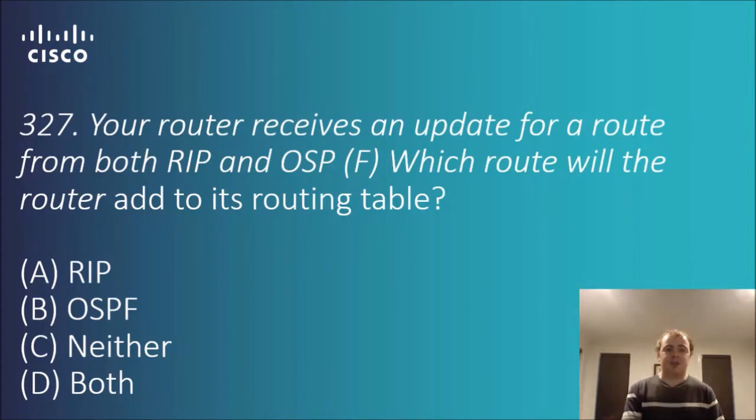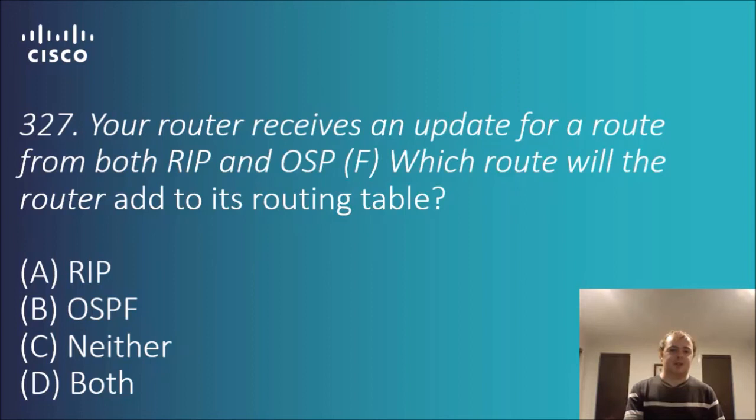327, your router receives an update for a route from both RIP and OSPF. Which route will the router add to its routing table? RIP, OSPF, neither, and both. For this one, we've got to understand administrative distance as a factor. It's not going to be neither because it's picking one or the other.